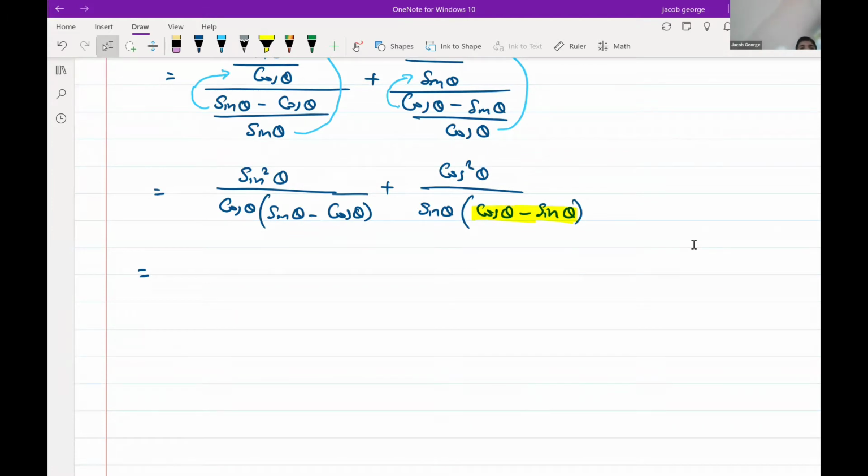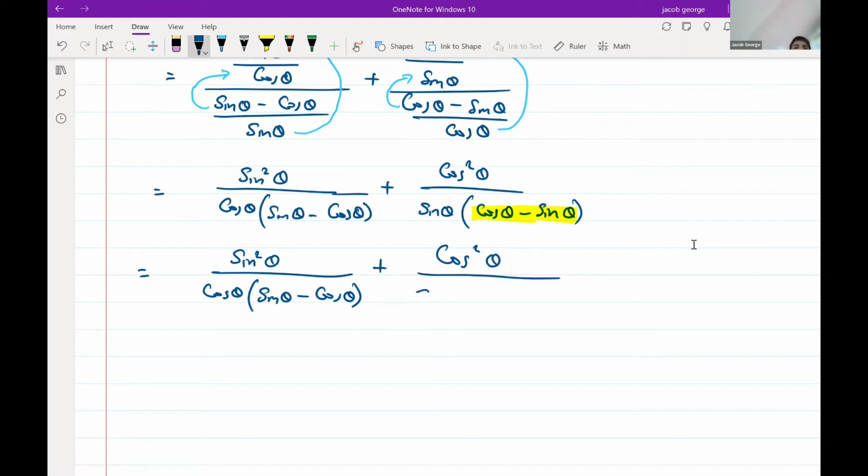So it is sin square theta by cos theta into sin theta minus cos theta plus cos square theta by sin theta. Then I want to reverse this term to sin theta minus cos theta. For that, I took minus outside. Minus of sin theta minus cos theta. Is that clear?